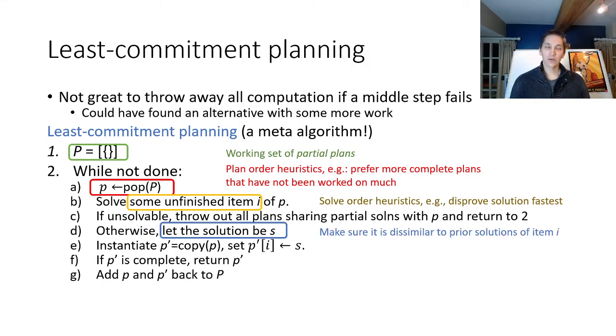Finally, we may want to also order by some sort of difference between solutions that have been seen in the past. So if I've tried to solve item I with solution S, and this is very similar to previous solutions in which I've solved I in a similar way, I may want to discount this so that it's not as frequently pulled out from the working set.